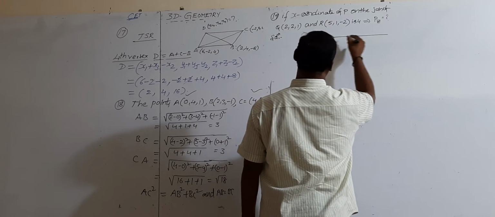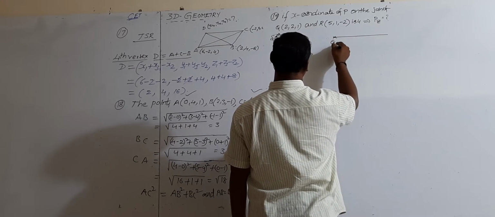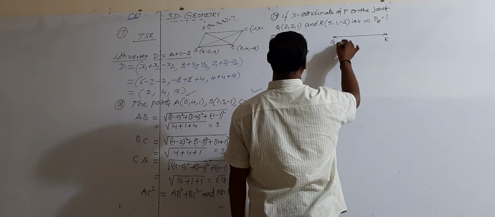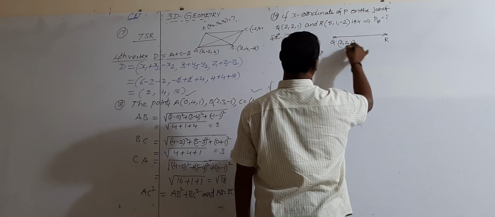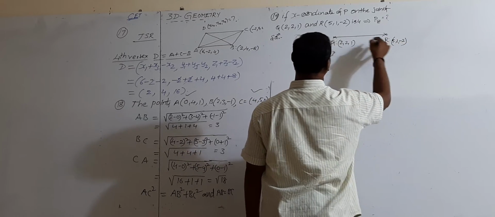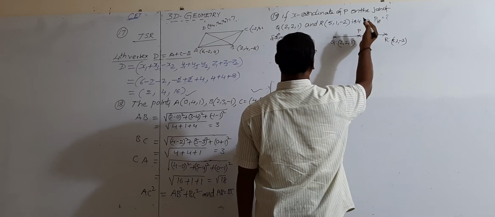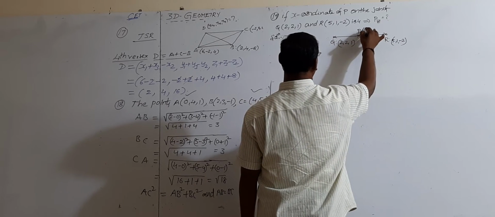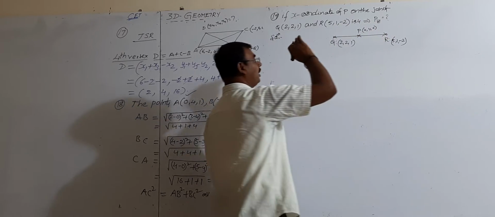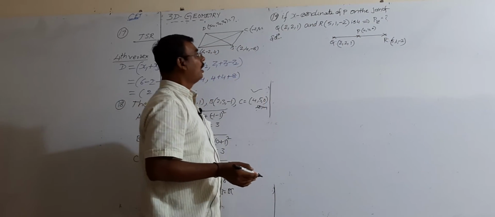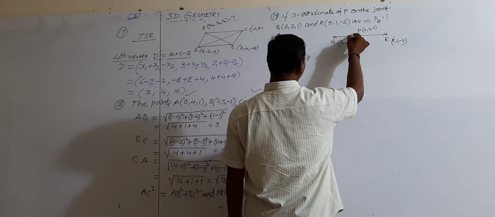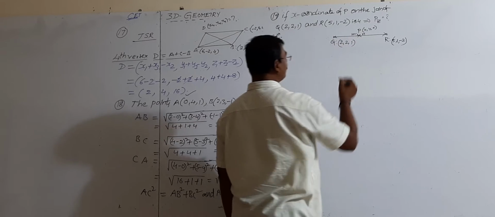Take the line. This is the point Q, join Q and R. Point Q is given 2, 2, 1. R is given 5, 1, minus 2. For P, the x coordinate is given, that is 4; y coordinate not given, z coordinate not given. And at what ratio it divides? So this is the m is to n ratio method.